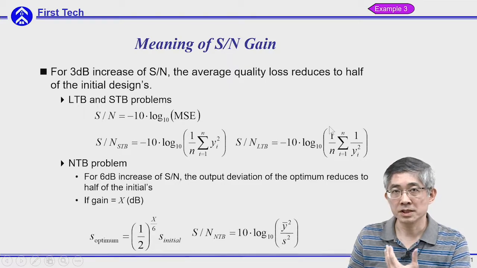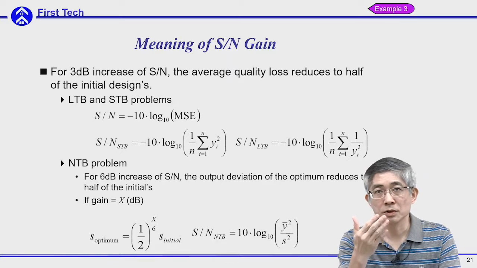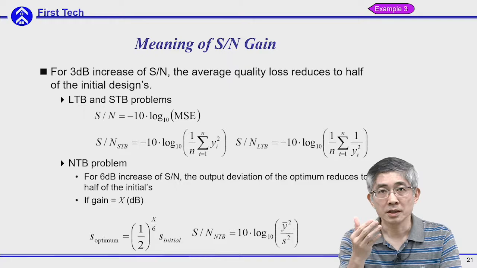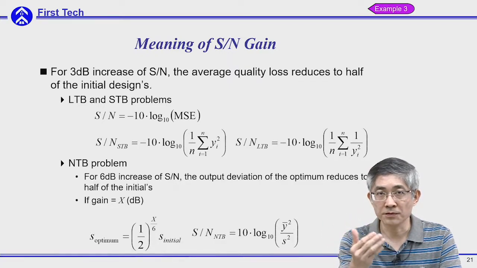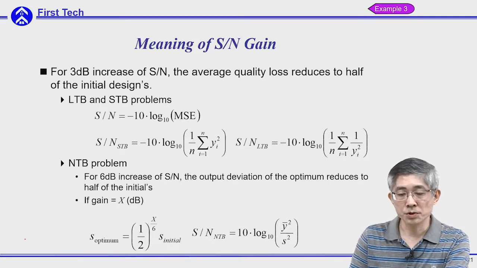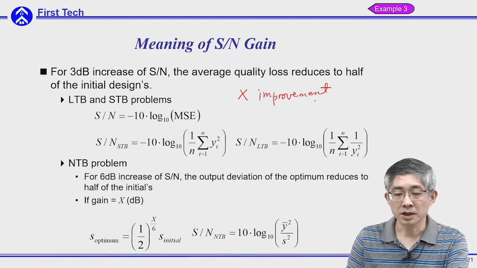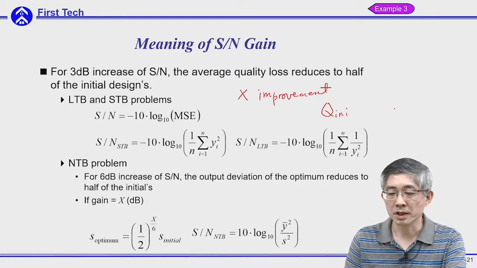So for your design problems, you can have a rough estimate of your improvement in terms of mean square, or in terms of the average quality loss, by looking at your dB improvement. So assume you have X dB improvement, the initial loss is Q INI and the optimum loss is Q OPT.